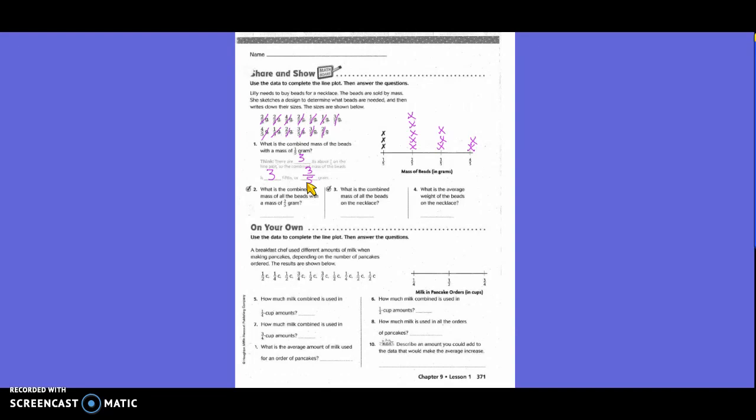So we have 2/5 times what? How many were there, guys? 2/5 times 5/1. Can I simplify before I begin? Yes, these can cancel each other out, right? So what does that equal? 2/1, which equals 2. 2 grams.